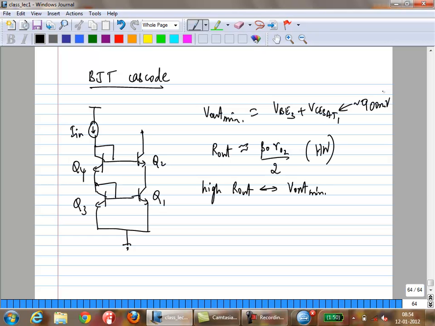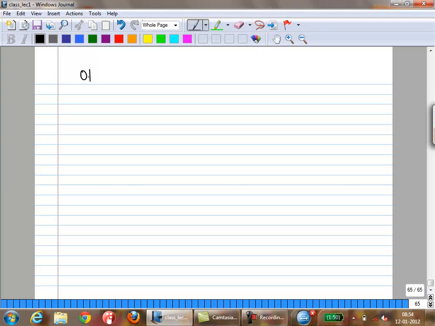And yeah, so there are a bunch of other types of current mirrors. Okay, other bipolar current mirrors. So you have something called the Wilson current mirror. Okay, you have something called the Widlar current source.